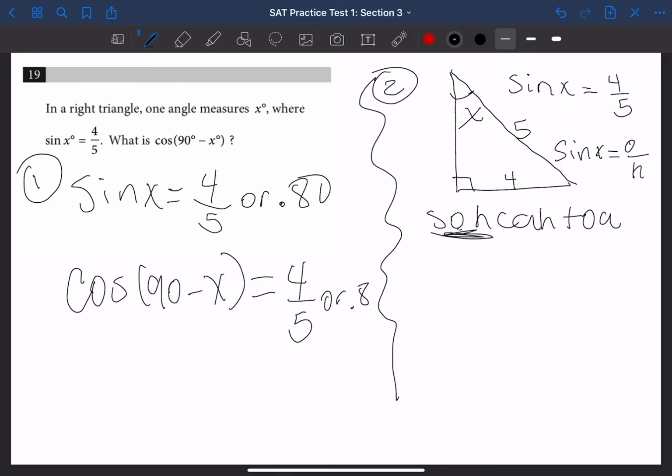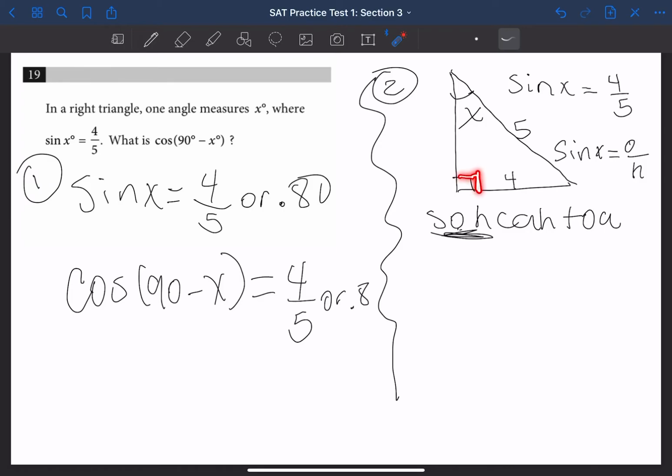So if sine equals 4/5, now we're trying to find cosine of 90 minus x. Where do we find 90 minus x? If this is 90 and this is x, what should this angle right here be? Just remember that the sum of the interior angles of any triangle is equal to 180.